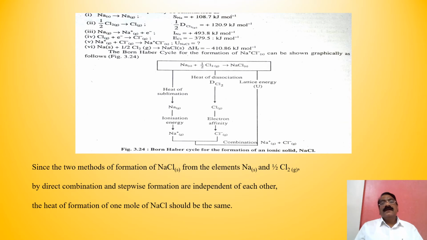During this combination, energy is released, and that is the lattice energy. Thus, there is the heat of formation in one step, and there is the lattice energy in the stepwise route. Both values are nearly the same, only the sign is opposite.